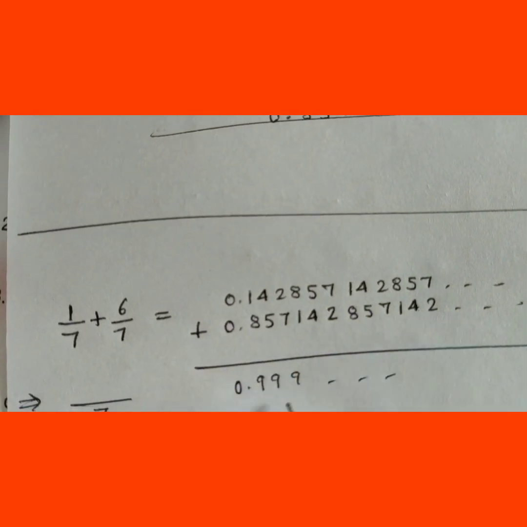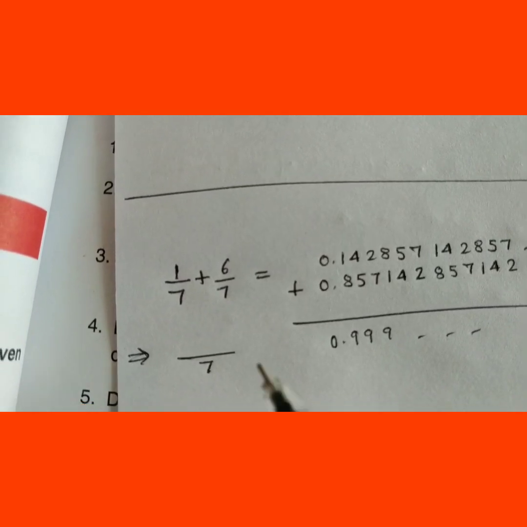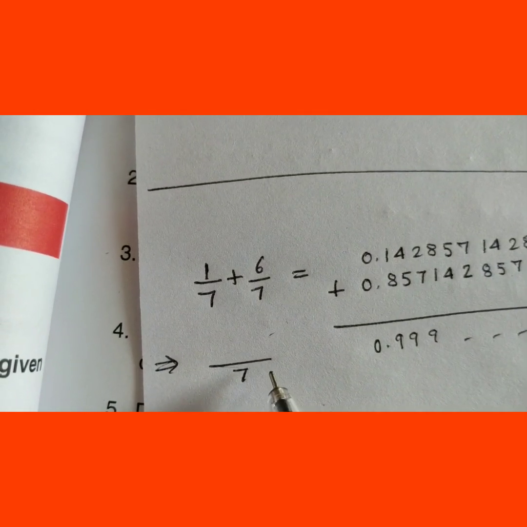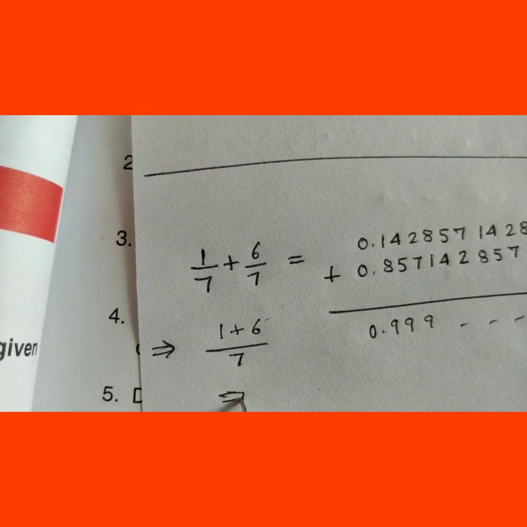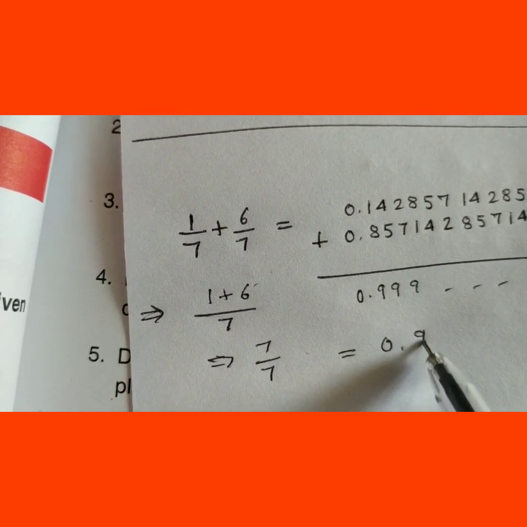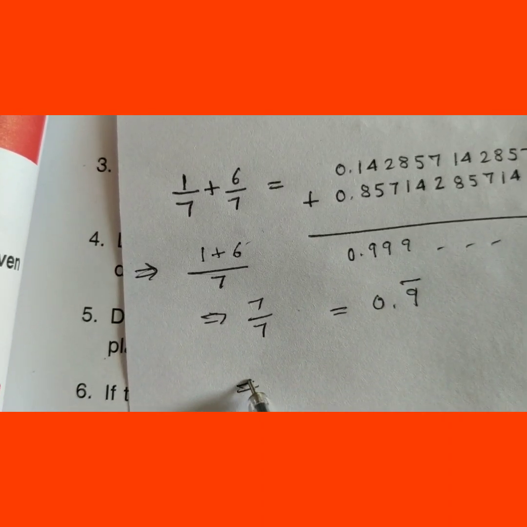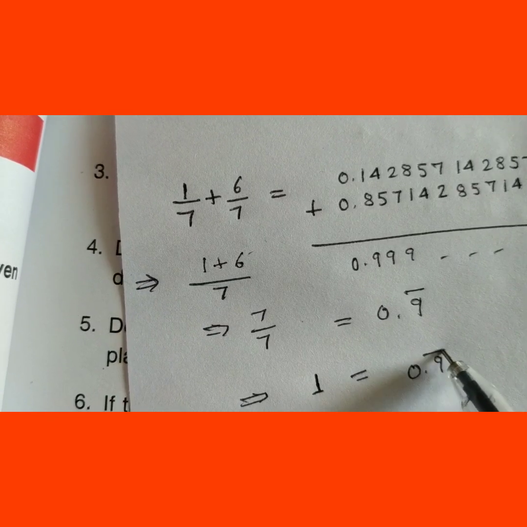So when you add these you will get 0.999 and so on. And 1/7 plus 6/7, LCM is 7, 1 plus 6 is 7/7, is equal to 0.9 bar. 7/7 is 1 is equal to 0.9 bar.